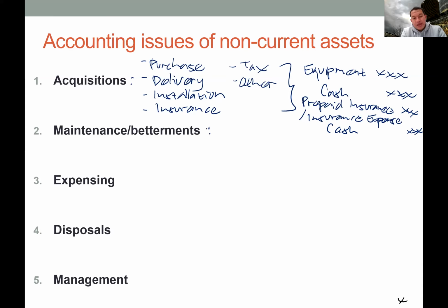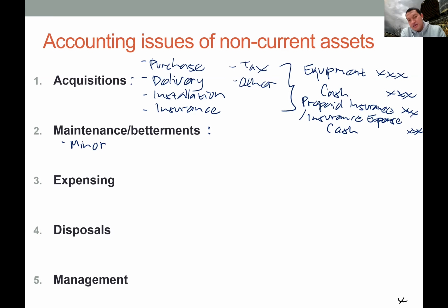The next one is maintenance. If the company starts using this asset, they will need to incur some maintenance costs to make sure the asset is properly functional. We have two alternatives on how we record these maintenance costs. The first one is minor maintenance.